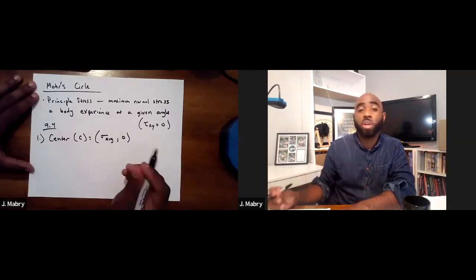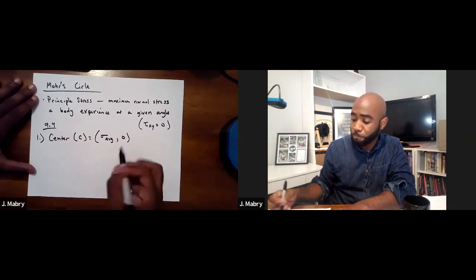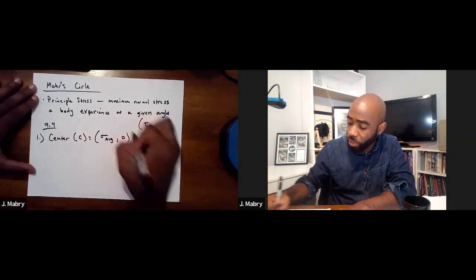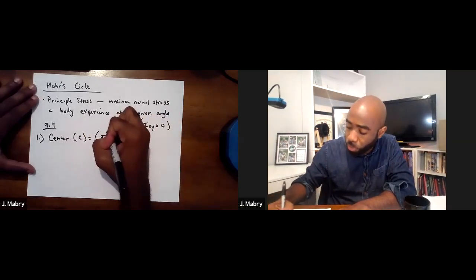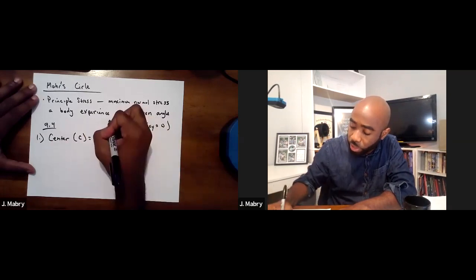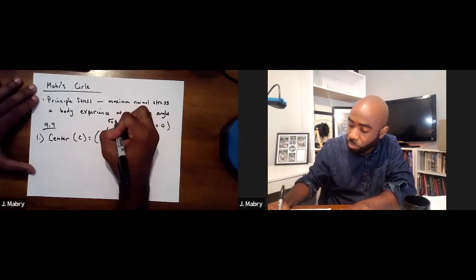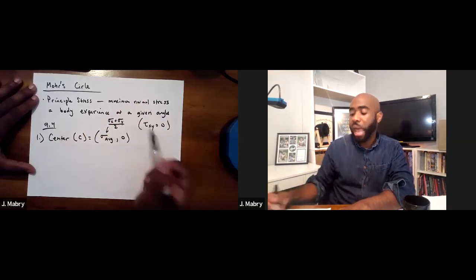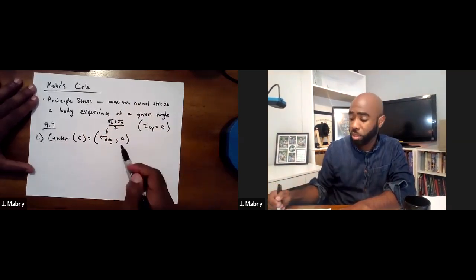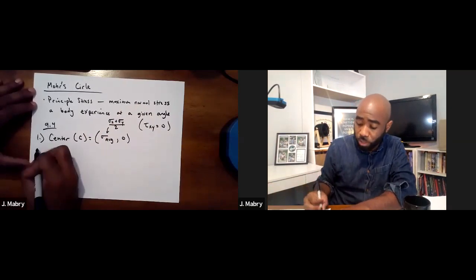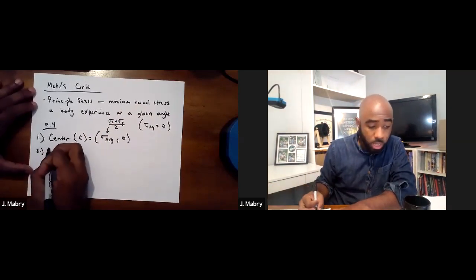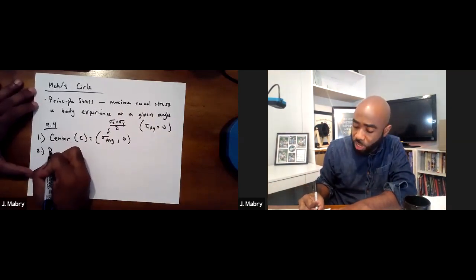So the x-coordinate is the average of the stresses, sigma sub x plus sigma sub y divided by 2. The average of the normal stresses is the center.